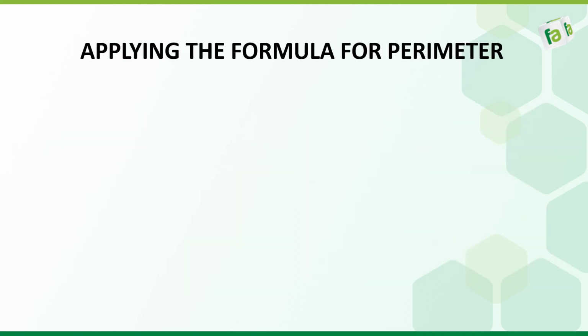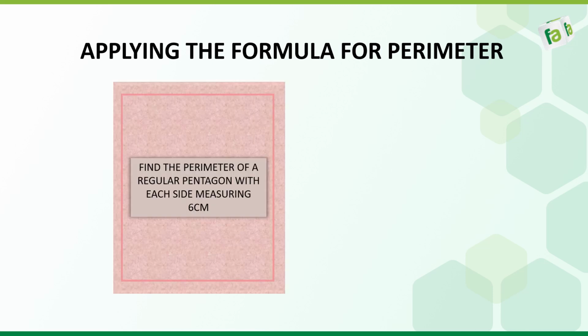Now, let us learn how to apply the formula. Find the perimeter of a regular pentagon with each side measuring 6 centimeters. This regular closed figure has 5 sides since it is a pentagon with each side measuring 6 centimeters.